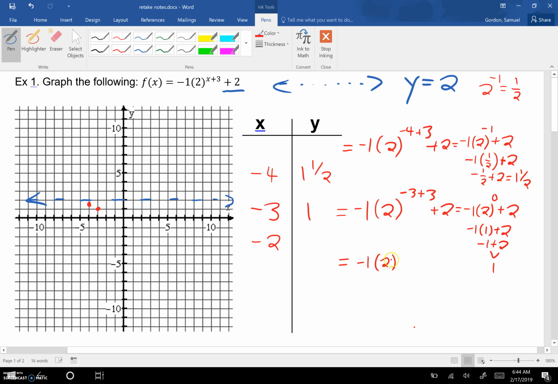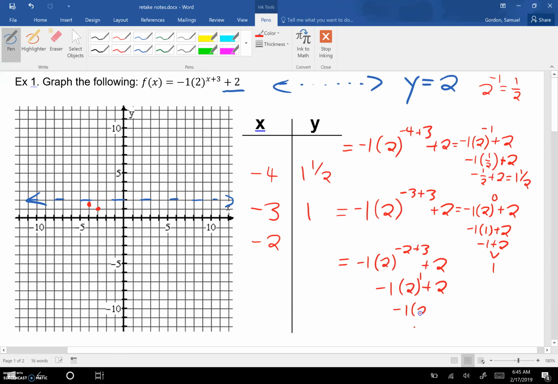And then for this one, x is negative 2, so that would be negative 1 times 2 to the power of negative 2 plus 3, plus 2. Negative 2 plus 3 is 1, and 2 to the first is just 2.